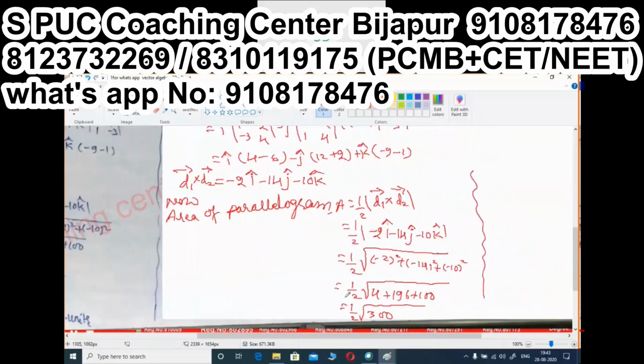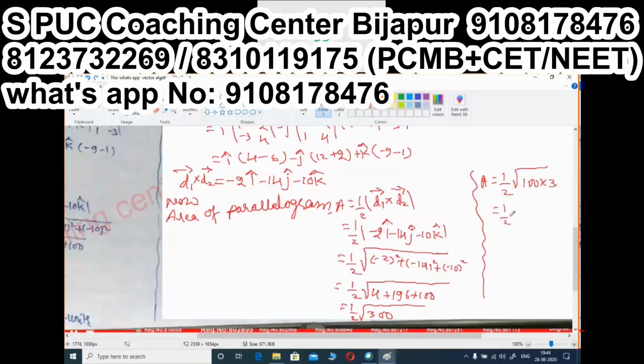This A is continued here, A is equal to 1 by 2, of course, that 1 by 2 you have to write clearly. Next, root 300 can be written as 100 into 3. So the square root of 100 is going to come out as 10.